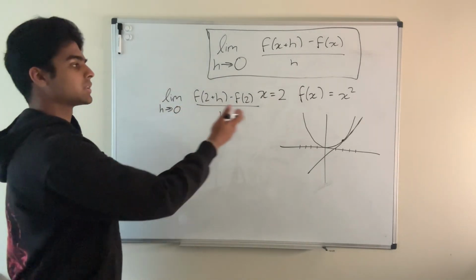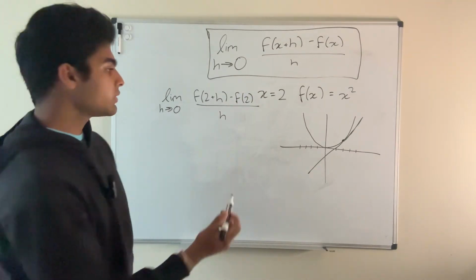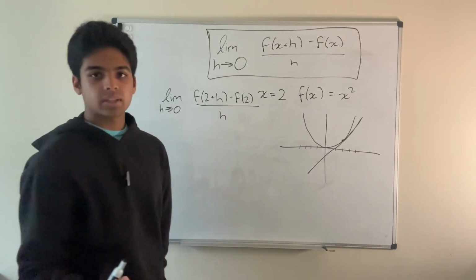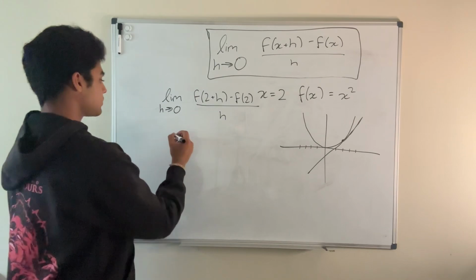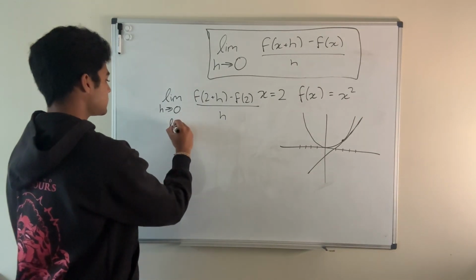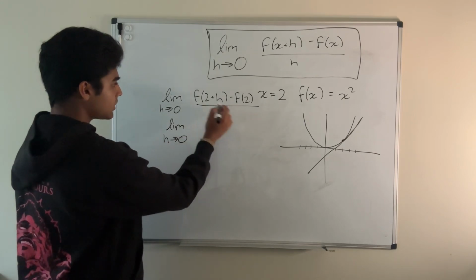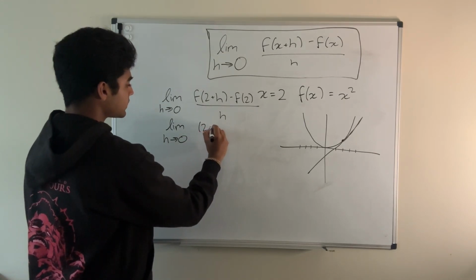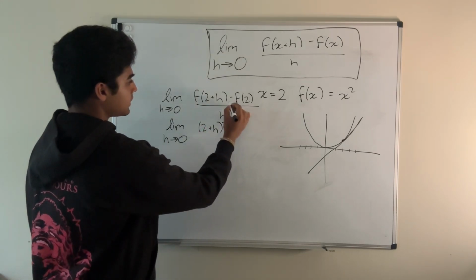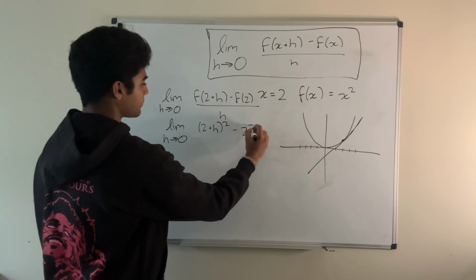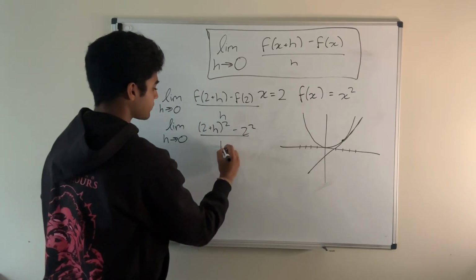And we know what f of x is. f of x is x squared. So wherever we see this f, we can just replace that with squared. So we can make that into the limit as h approaches 0 of (2 plus h) squared minus 2 squared all over h.